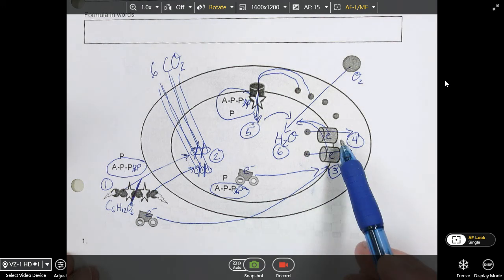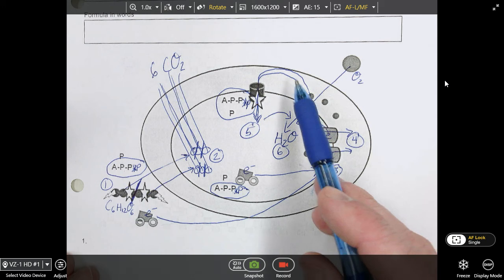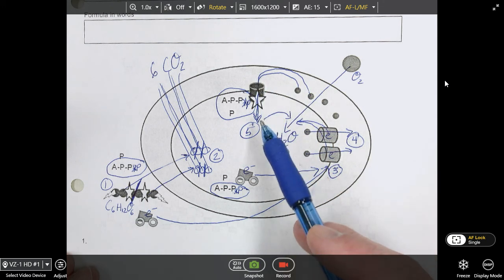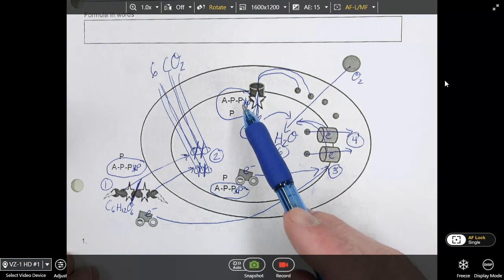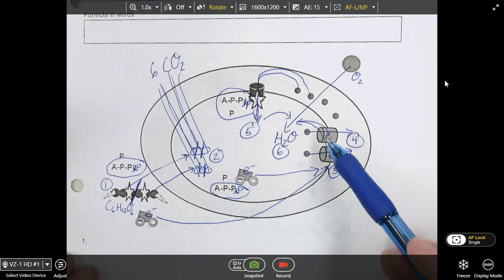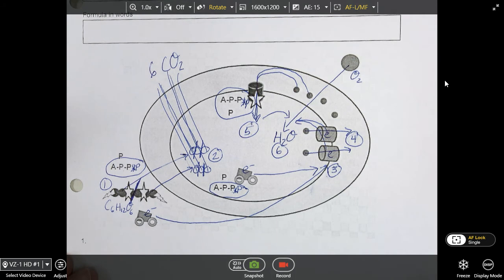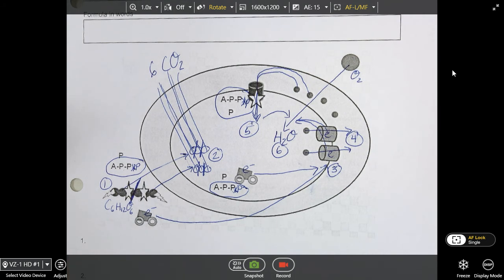Step 4, the protons get pumped. Step 5, the protons diffuse back in through ATP synthase, and we get a lot of ATP. Step 6, oxygen comes up, cleans up the electrons and the protons, and we get water. And that is cellular respiration.